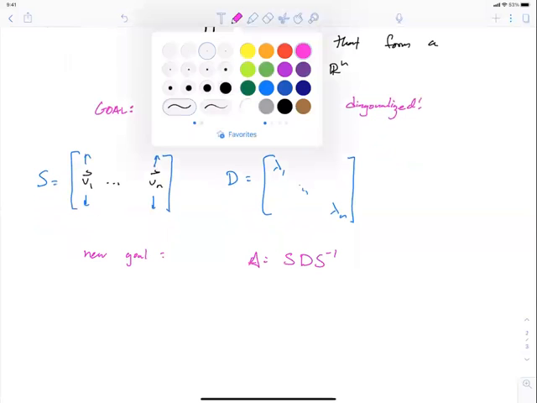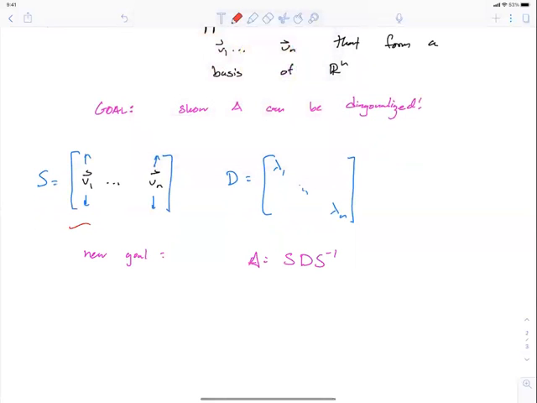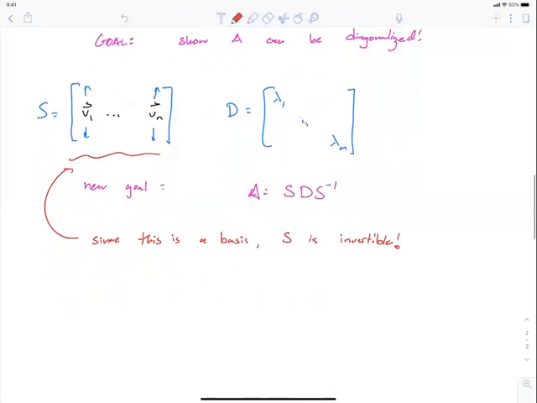As a minor note, since this forms a basis, we know that S is invertible. So that's an important thing. So we know we can actually use S inverse, and now we just need to show that A is equal to SDS inverse. All right, so how are we going to do that?